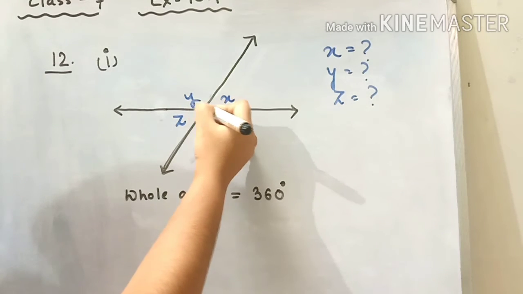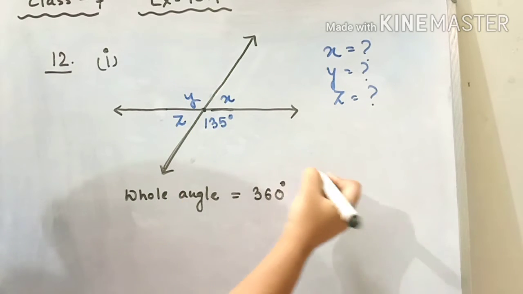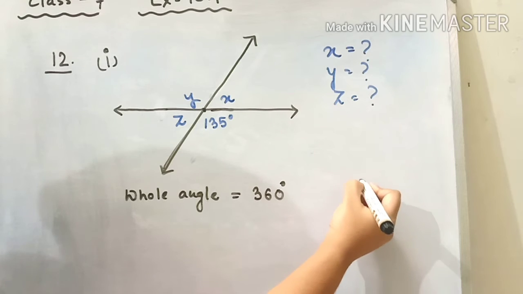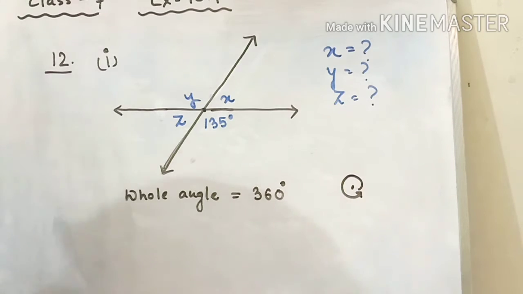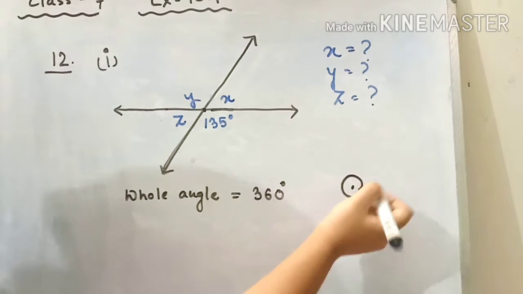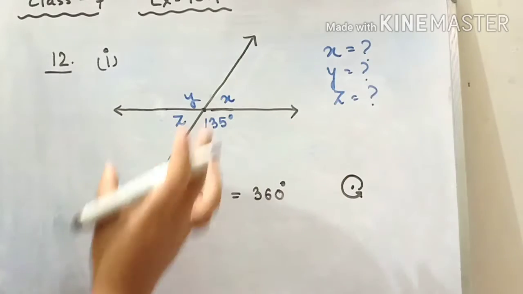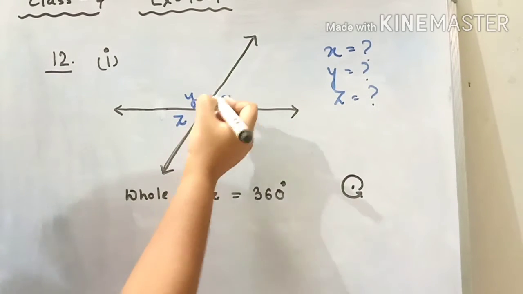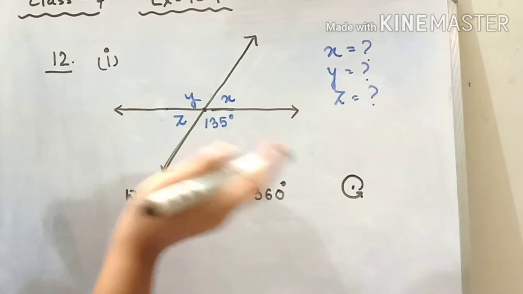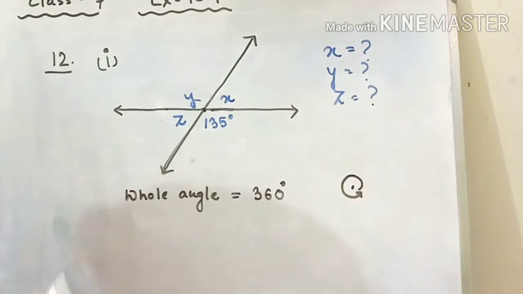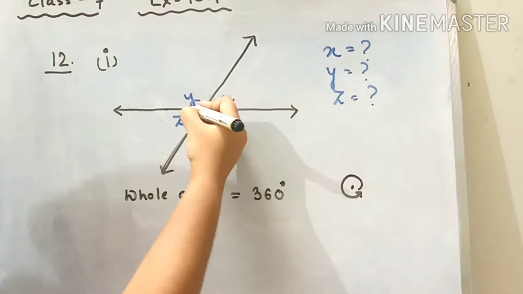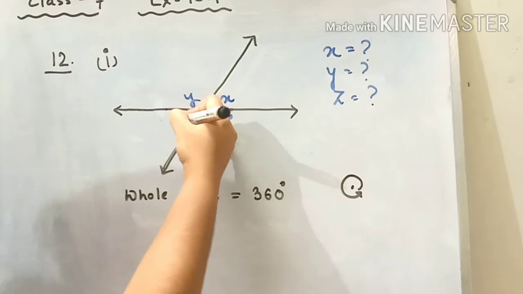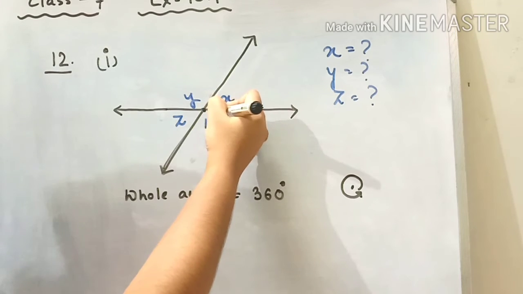Entire angle, total. We already have studied that this kind of angle total accumulates to form a 360 degree, all together. Now when we are dividing this 360 degree into 180, that means this part is 180 and this part is 180.